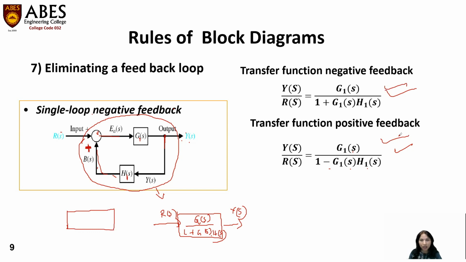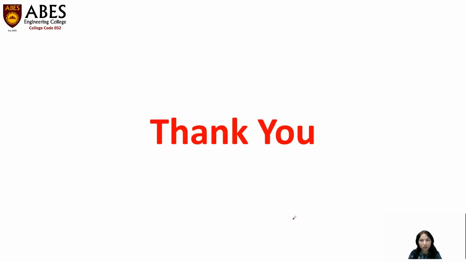While doing the reduction, if you want to move the takeoff point after the block or before the block, or if you want to eliminate any feedback loop, by using these rules we can reduce the block diagram, right? So this is all about the rules of the block diagram. So thank you so much.